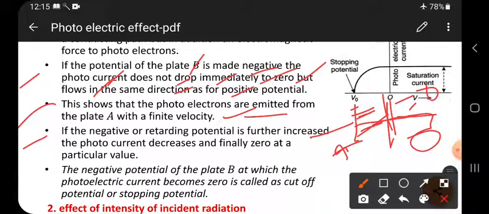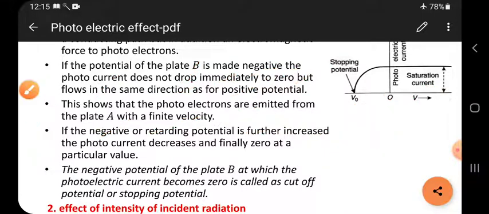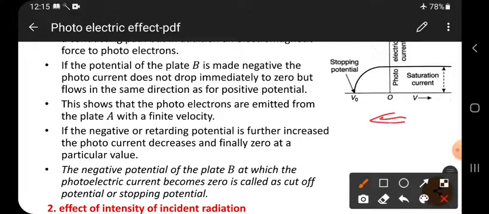If the negative or retarding potential, either retarding or negative, both give the same meaning. Retarding means decreasing. Negative potential is further increased. When we increase the negative potential in this direction, the photocurrent decreases and finally becomes 0 at a particular value.